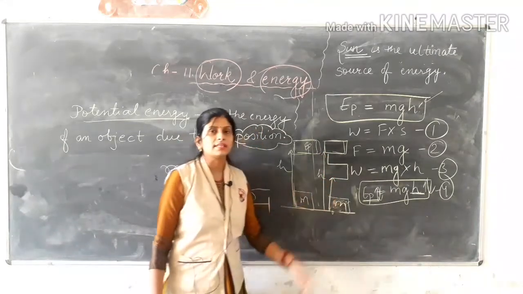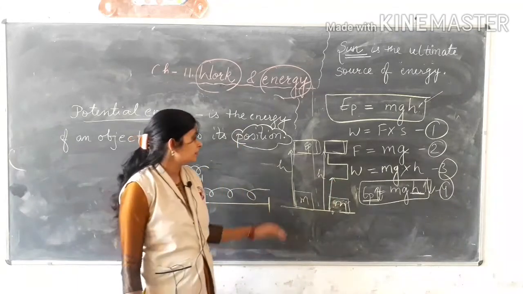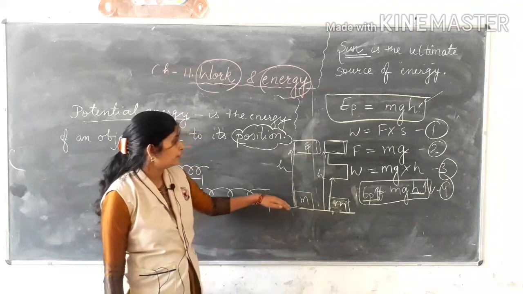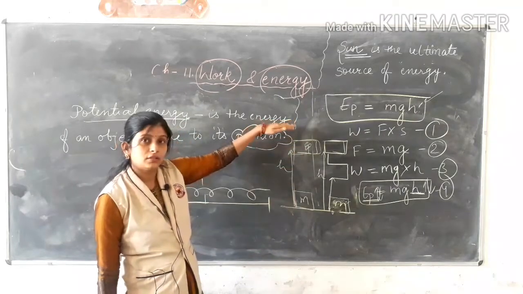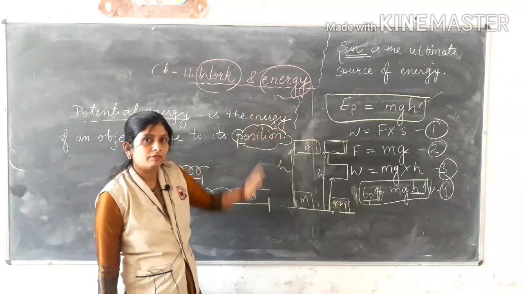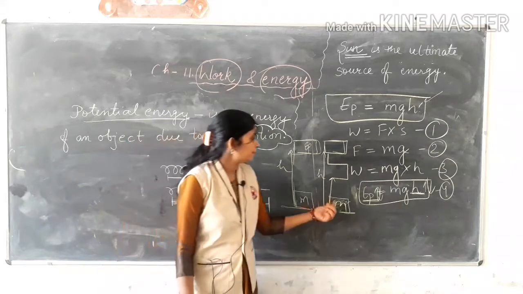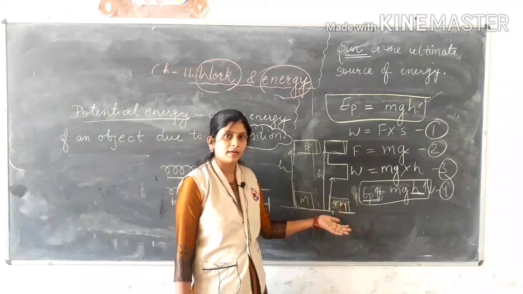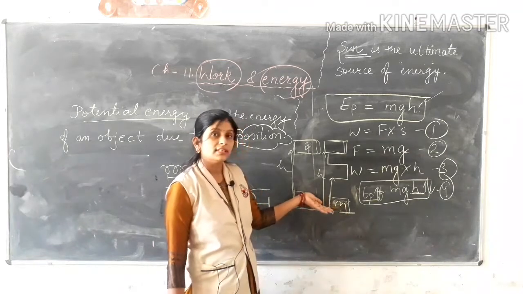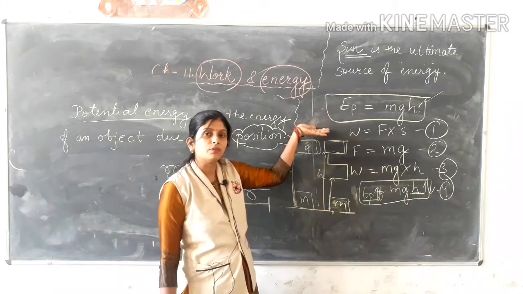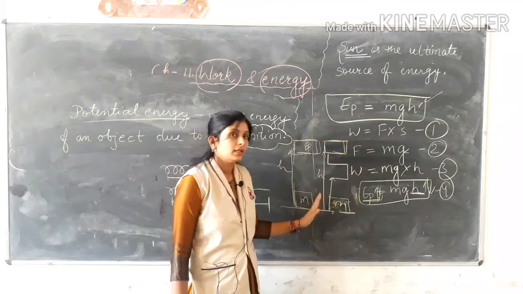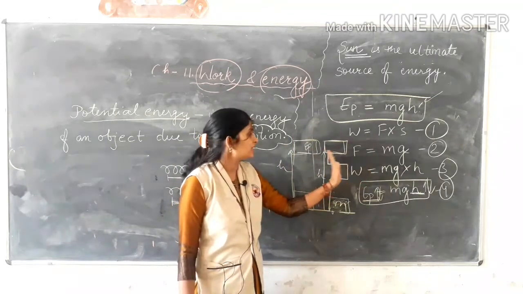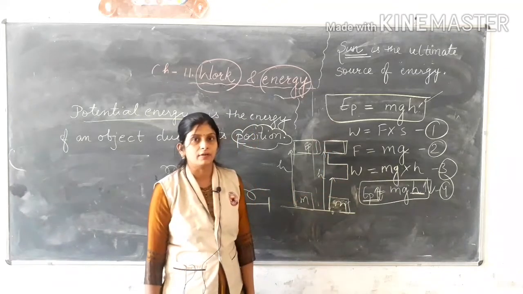The difference in both the cases is that the first object is raised to a certain height h by this path, which is straight vertically upward. But in the second case, an object having the same mass is raised to the same vertical height h from the ground, but the path or route by which it is raised is quite different.